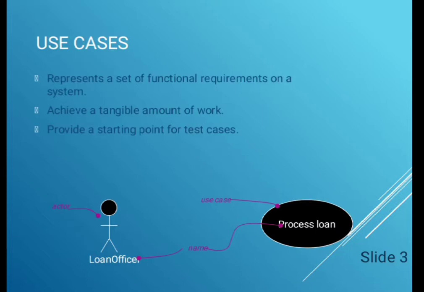Here, process loan is nothing but the use case, and this is the symbol of the use case. This symbol is used for the actor, and the name of the use case is here, process loan. An actor is a coherent set of roles that users assume when interacting with the system, whether a human or an automated system.